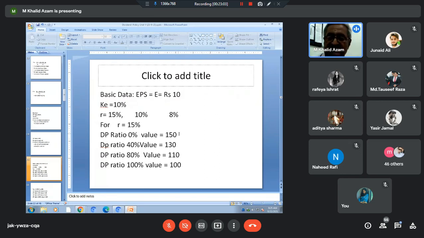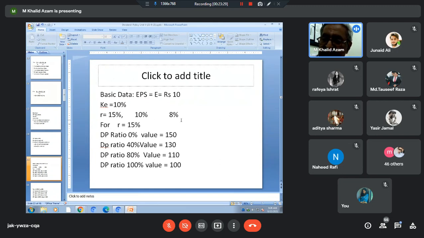So the value of the firm will be simply the multiplication of the total number of shares and the value. Why are we stressing this at this stage? Because in the other type of calculations, the value will have to be determined in terms of the value of the firm itself. So for the purpose of understanding, this is about the growth firm.